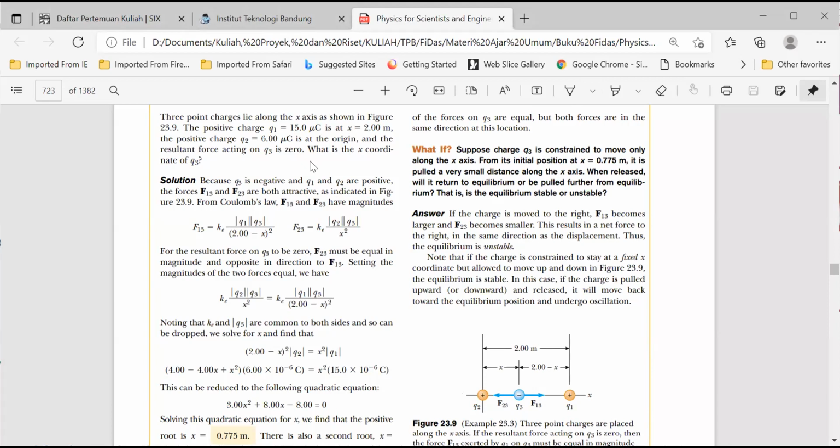So three charges lie along the x-axis as shown in the figure below. Q1 is positive, at x equals 2 meters, and the positive charge Q2 is at the origin, and the resultant force acting on Q3 is 0.